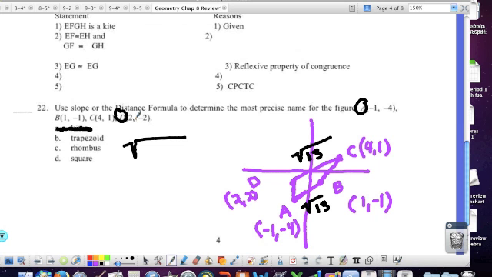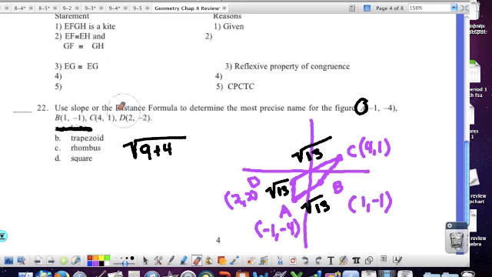And -3 squared is 9. And -4 minus -2. Wow, look at this. This does not look at all like what I drew. But -4 minus -2, so -4 plus 2 is -2 squared is 4. So that also is radical 13.